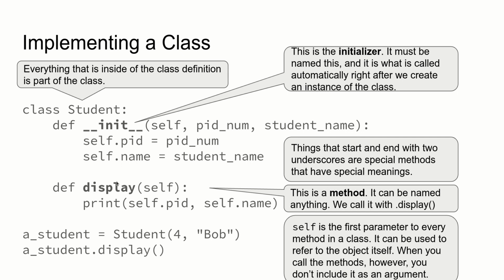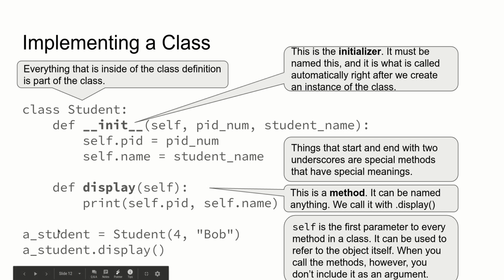It's called display. We can give it any name we'd like to. We do have to make sure that it has self as one of its parameters, so that I can ask about the ID number or the name, or in the case of a string class, I could ask about what the first character is, or all of the characters, or different things like that. It helps us to reference the data about this object.